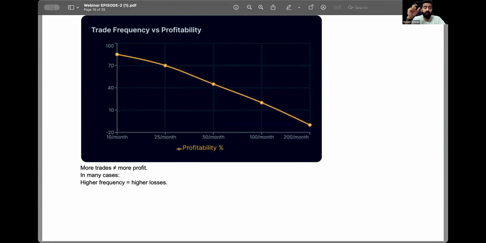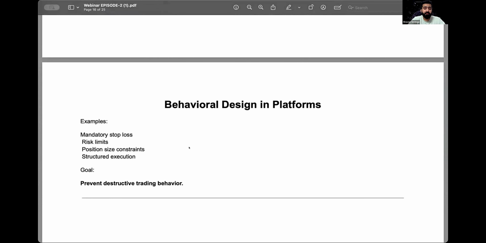That is the reason retail traders end up losing more money compared to professional traders. So more trades means more profit is bullshit. A high number of trades means higher losses, which is more prevalent in retail trading. Then we understand the behavioral design patterns.